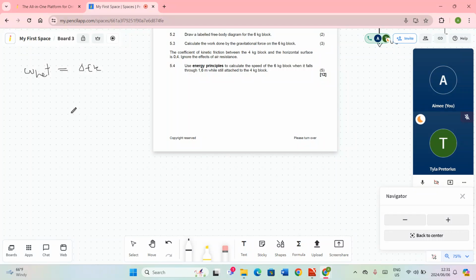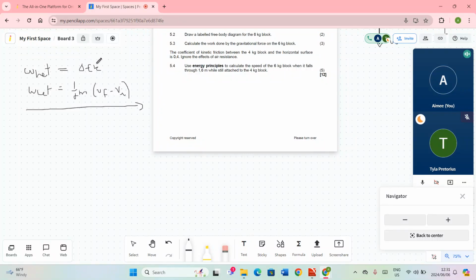Okay? And then we expand change in EK, so it becomes work net is equal to... okay, so that's the overall formula.